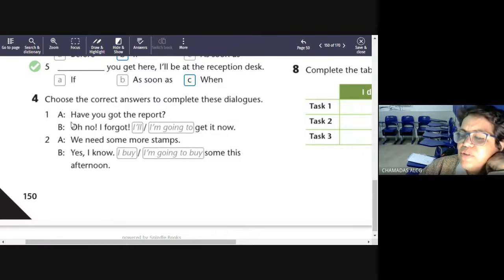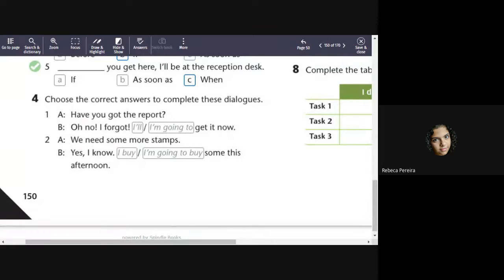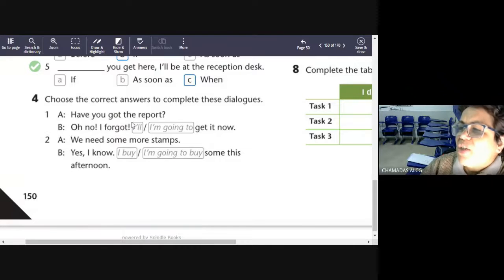So here, what do you think? Have you got the report? Oh no, I forgot. Which one is the best answer? I'm going to. Look, is the situation happening now? Is the situation happening at the moment?